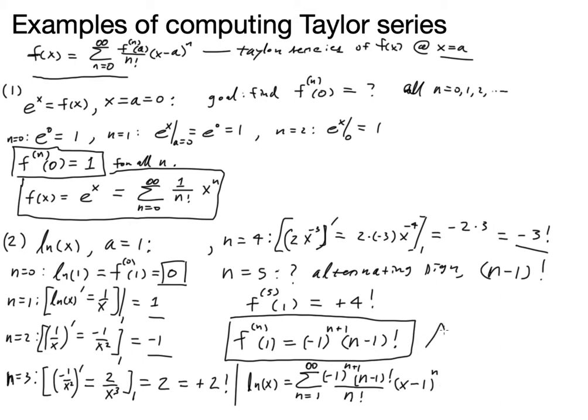One thing to note is that if I take an n minus 1 factorial and divide by an n factorial, that's n minus 1, n minus 2, all the way to 1, over n times n minus 1 times n minus 2, all the way to 1. And we can see that all of these are going to cancel, and that's going to yield a 1 over n.